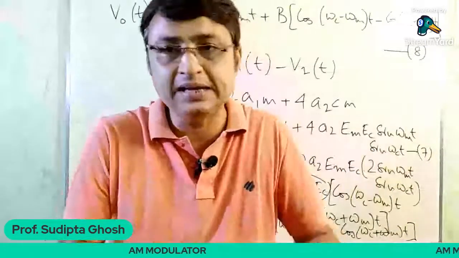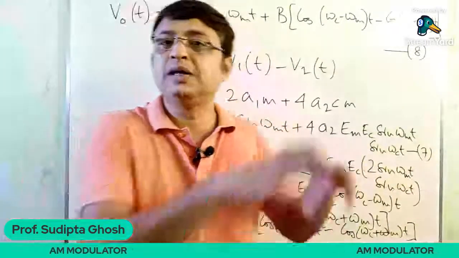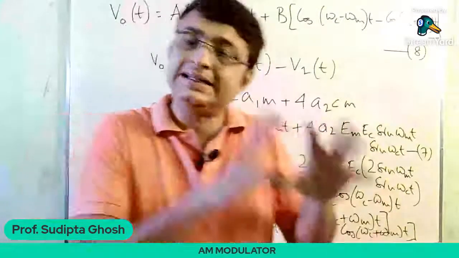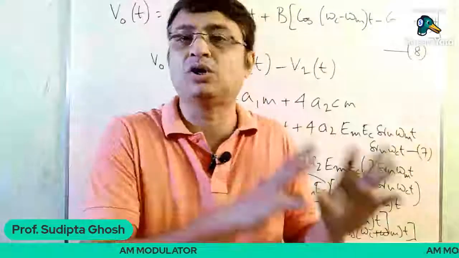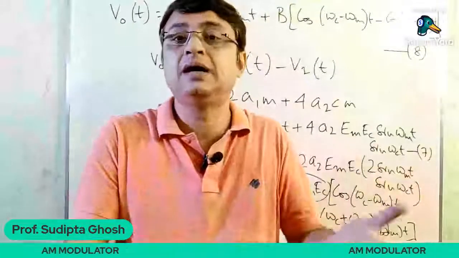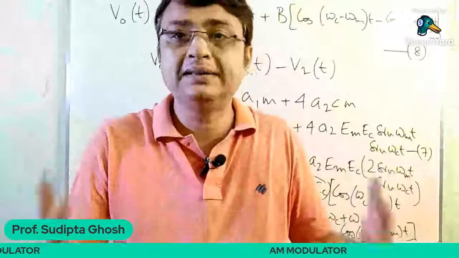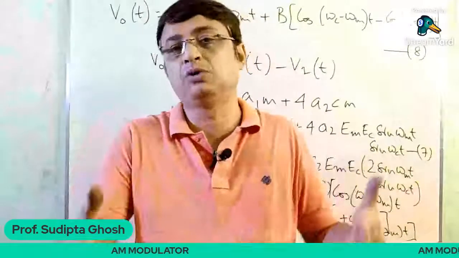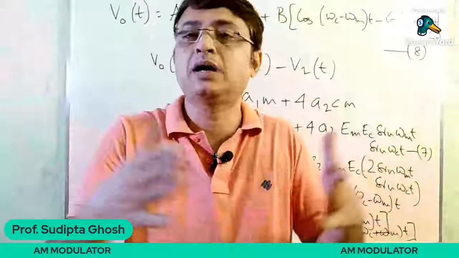In the receiver, a demodulator detects the original waveform, that is the information signal, and then the entire amplitude modulation scheme will be completed.